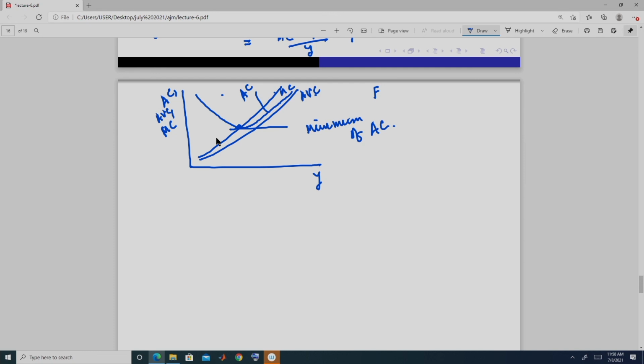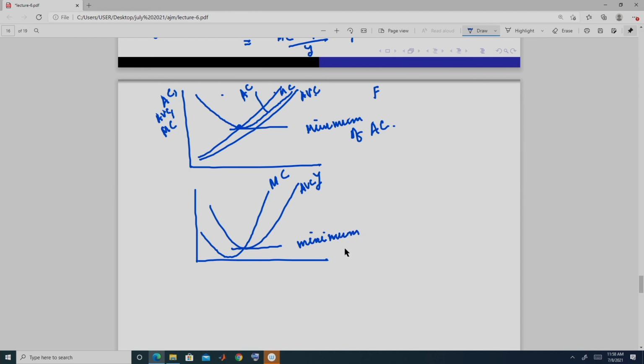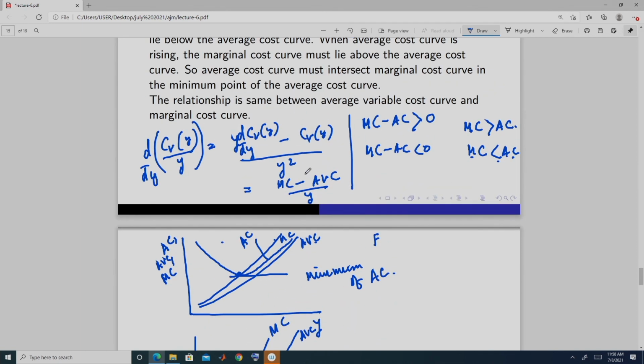Okay. Now, if we have a situation like this, suppose the average variable cost is of this nature, then the marginal cost is going to be like this. Again, this is going to be the minimum of AVC. So, this is clear from this condition.